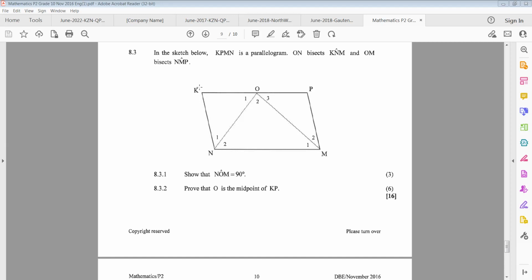So if KO is equal to KN, then it means that KO is also equal to what? OP. And that is what we want to prove. Because PM is equal to KN, and OP is equal to PM. Therefore, OP is also equal to OK or KO. And that is how I'm supposed to prove that. Thank you very much.